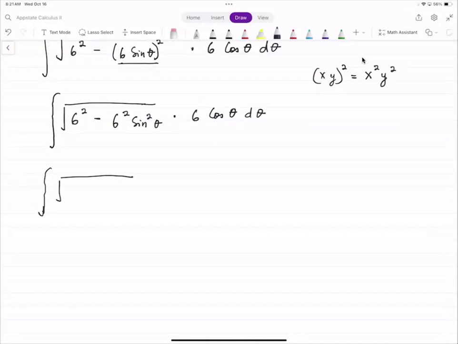So here I could bring 6 squared out. I'll be left with what? 1 minus sine squared theta here. And then times 6 cos theta d theta.